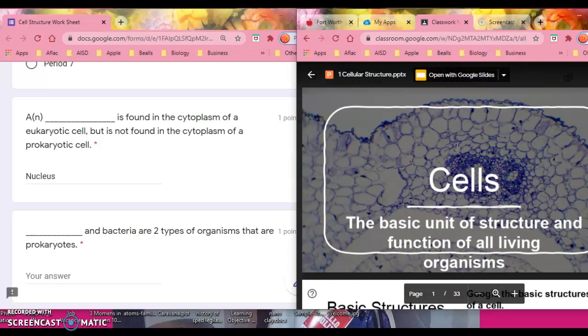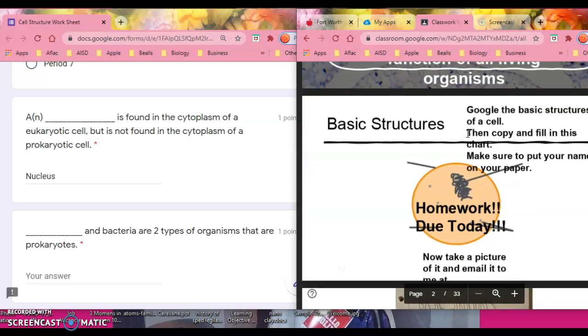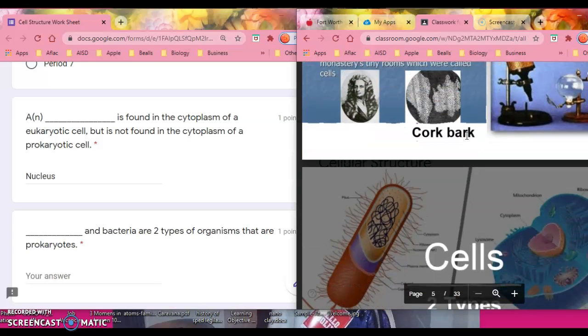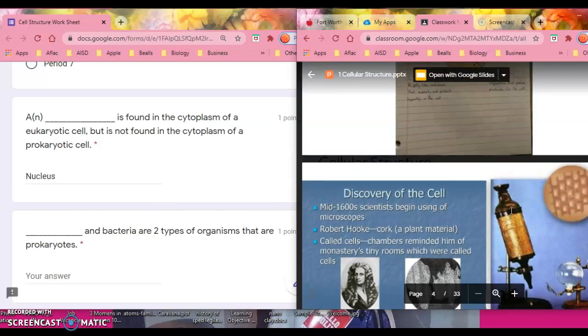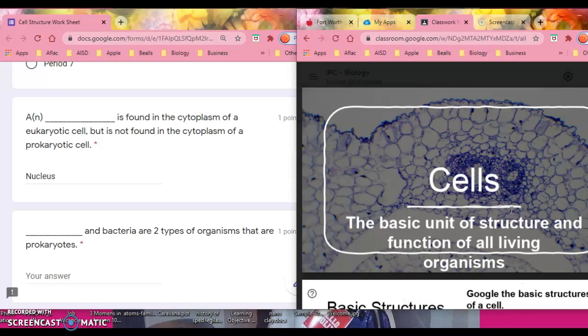Cell structure is going to be for tomorrow. Otherwise, periods 1 through 4 on Monday, they will be having the quiz. So I suggest please read through this, because when you read through all of this, then you understand it, then you know where to find that information. Okay, so this is due today, October 8th, Thursday, due by 11:58.